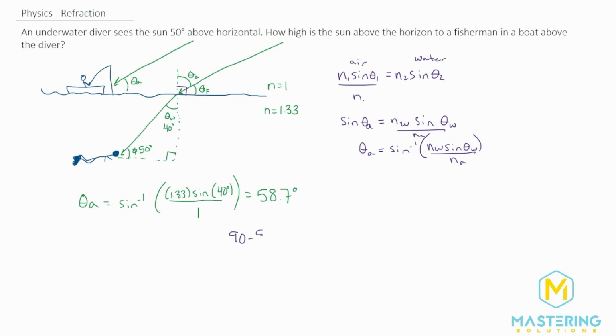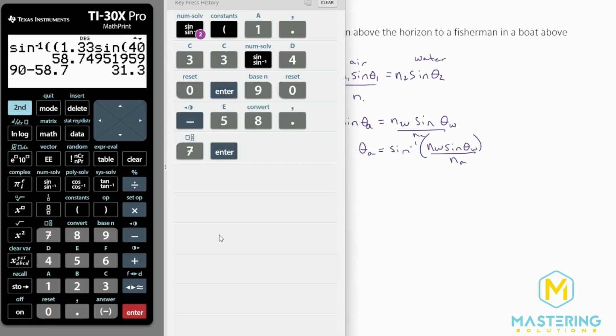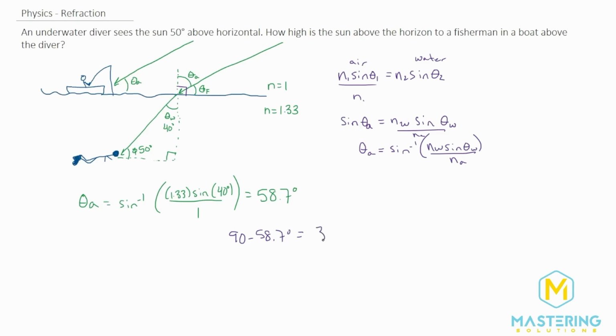So 90 minus 58.7 degrees gives us a final answer of 31.3, so we could round that to 31 degrees. So using Snell's law, this is the answer to the question of 31 degrees for the fisherman, as how high he's seeing the sun above the horizon.